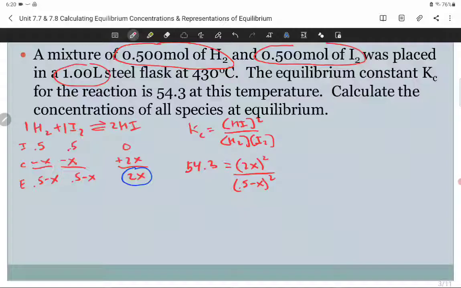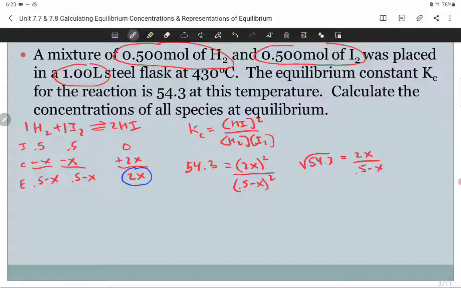So again, 0.5 minus x times 0.5 minus x is 0.5 minus x squared. To get our calculation going further, if we take the square root of everything, the square root of 54.3, the square root of 2x squared, and the square root of 0.5 minus x squared, we get that.